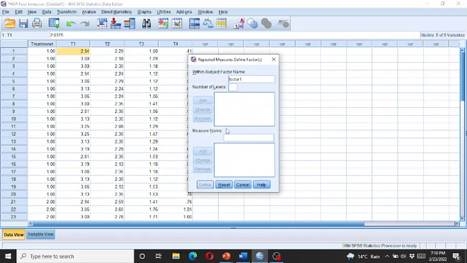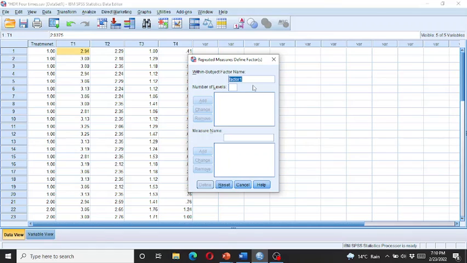So here you can see these boxes. First you look at what actually you are measuring. It means what is the factor that you want to measure, and the changes that have occurred in that factor.